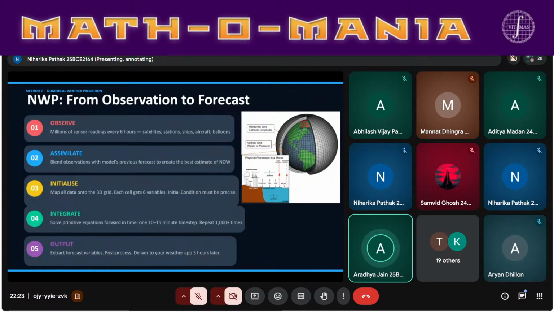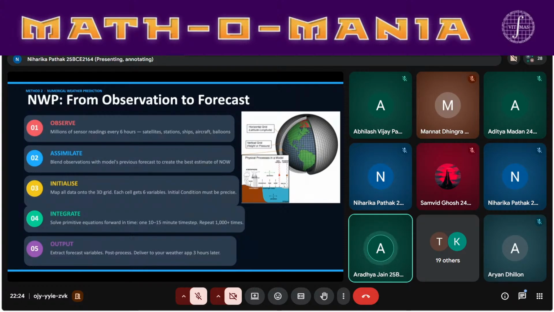How this method works. Instead of the statistical method, where we take past patterns and do not use any equations, we are actually applying the equations which we studied earlier. I hope you guys paid attention to that. It applies all the mathematical equations which we discussed, and it takes data from different satellites and weather stations for a particular interval of time, let's say every 6 hours.